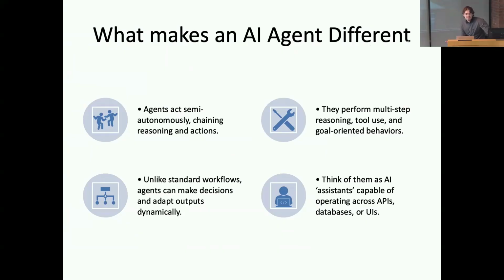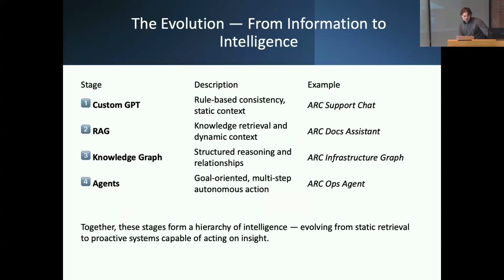You can just let them do their thing and not have to worry about anything. They can perform multi-step reasoning, tool use, or goal-oriented behaviors. If the expected outcome is not predictable or can often change, this is also why agents are great, because they are capable of doing some decision making.